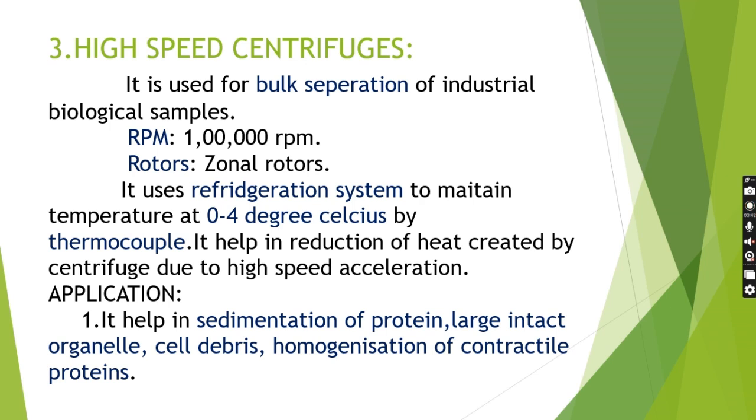Next, the high-speed centrifuges. High-speed centrifuges are used for bulk separation at the industrial level. All the microfuges and desktop centrifuges are used for clinical level, but high-speed centrifuges are used for industrial biological samples. It has an RPM of about 1 lakh RPM.